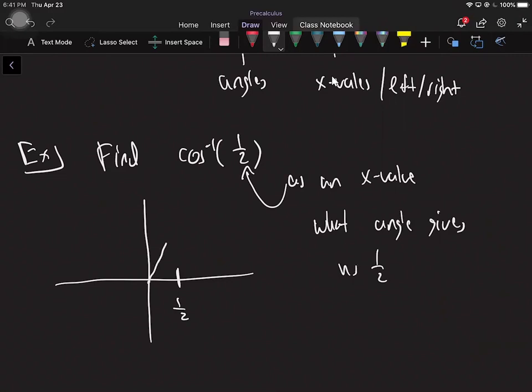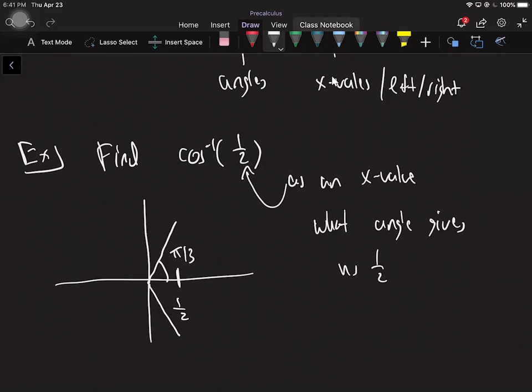Well, there's this angle and this angle. So again, the same thing is going to happen. We're going to have two answers for every x value that you can think of, pretty much. So what angle is this? Pi over 3. And then down here would be negative pi over 3 or 5 pi over 3 if you want, depending on how you rotate.